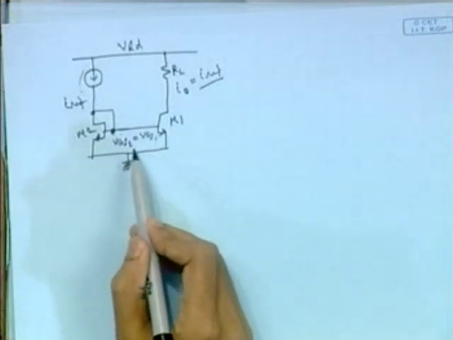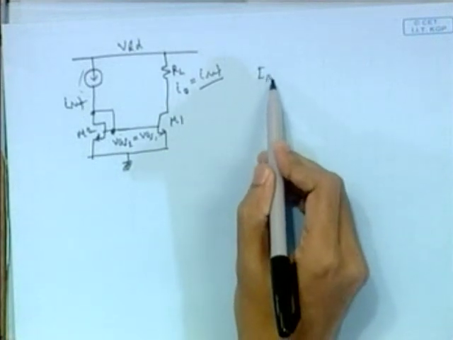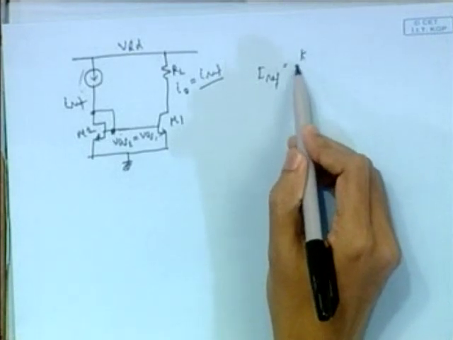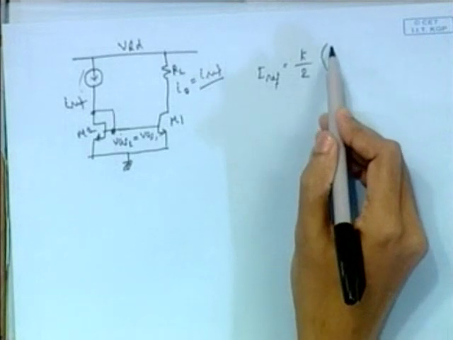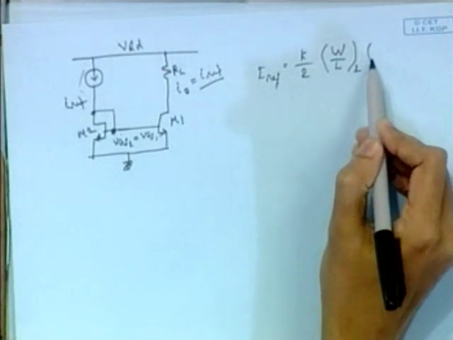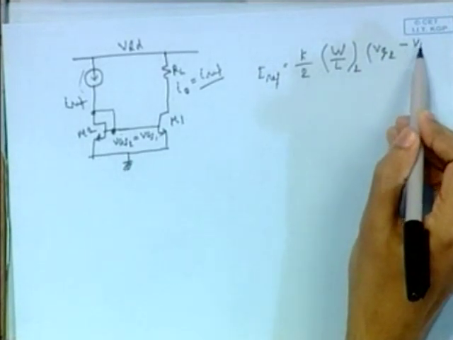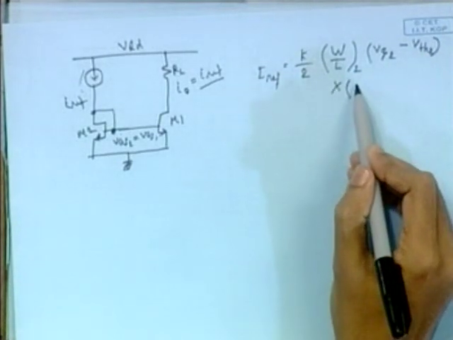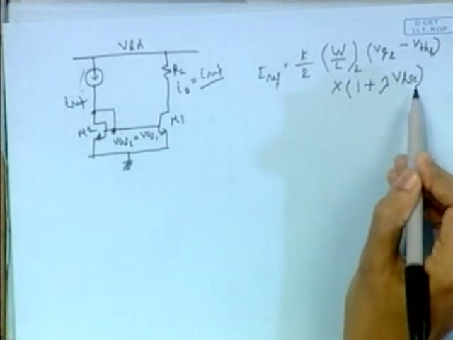The gates of these two transistors are shorted, and we have the equation of K by 2. K is some constant, with mu C ox and all those things. W by L of 2, VGS2, VTH2 multiplied by 1 plus lambda VDS2.